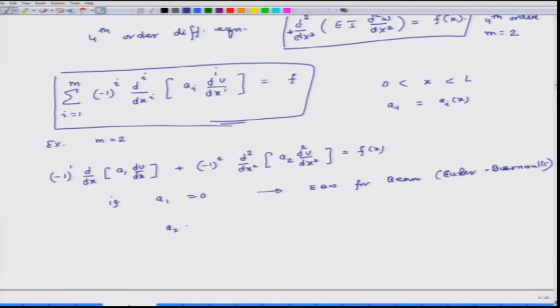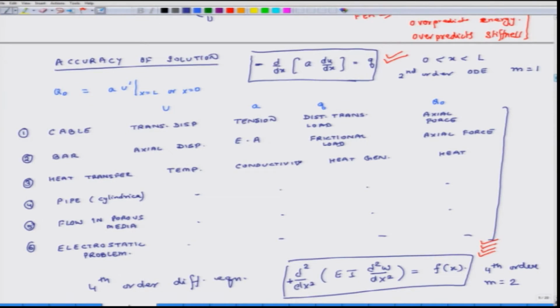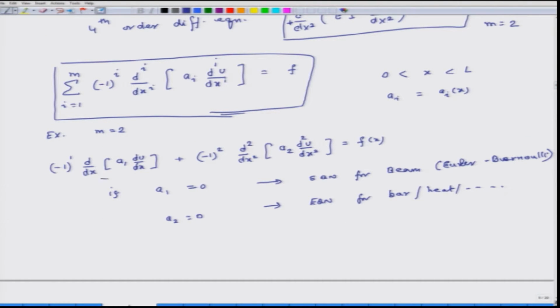If A2 is equal to 0, then I get the equation for a bar or heat conduction, so many other problems which we discussed in this table, right. If A1 is 0, then this term goes away. If A2 is 0, then this term goes away. And also note that I have minus 1 to the power of 1. So, the sign is also taken care of in this format.